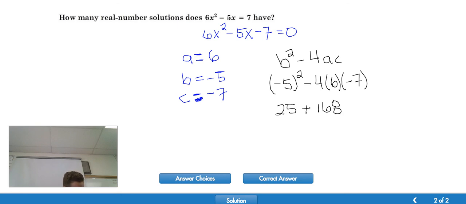Add that to 25, and we get 193. Now, again, I don't need to solve further, but this is a positive number, and so I am going to get two solutions.